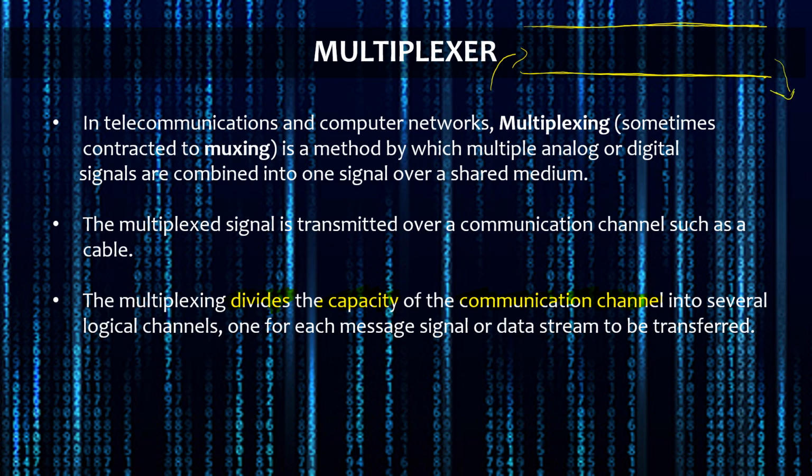But suppose I want to pass the data of 3 different applications. In that case, my multiplexing process will divide this channel into logical channels. So now I have three different parts, right?